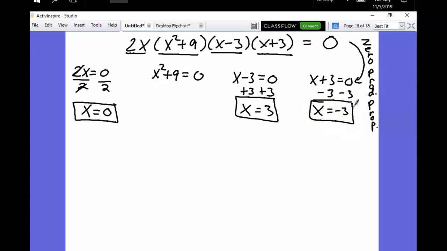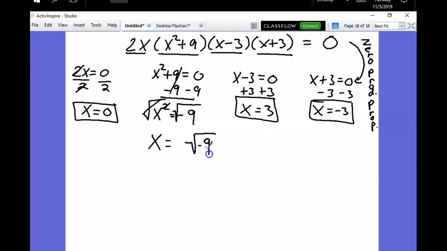Let's come back to the guy in the middle here, though, because something kind of weird happens here. So, first of all, we're going to minus our 9, right? Square root. Good. Do you guys remember what you have to do when you solve by taking a square root? That's true, but before that, you get a plus minus.